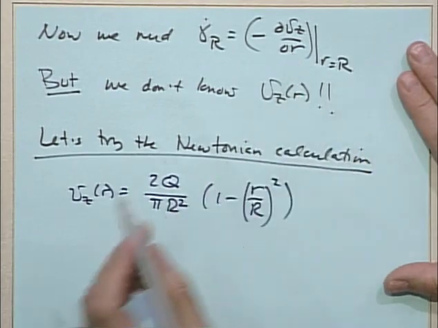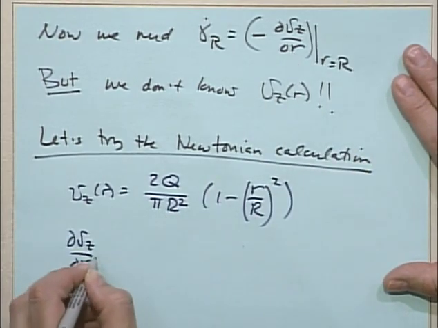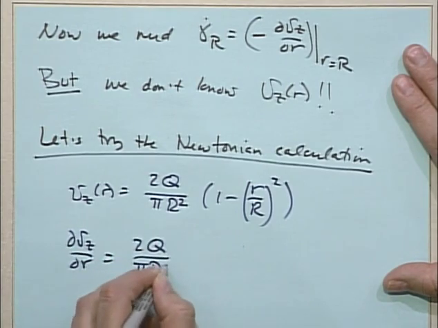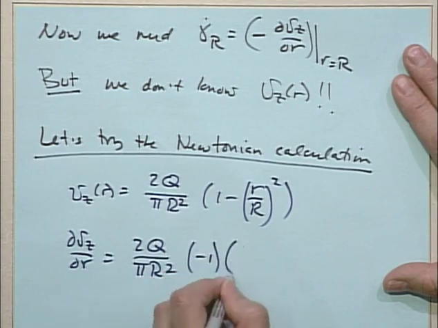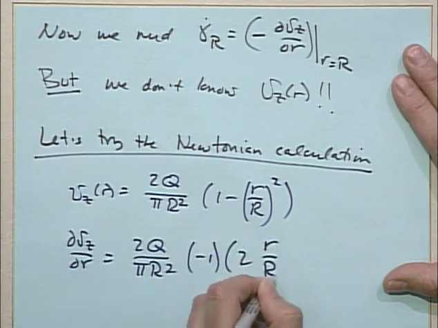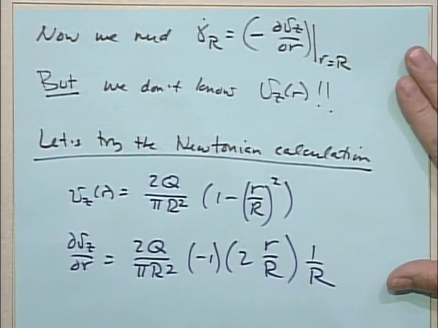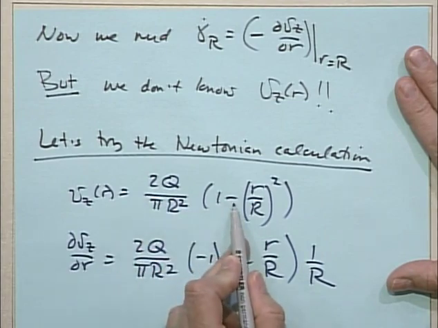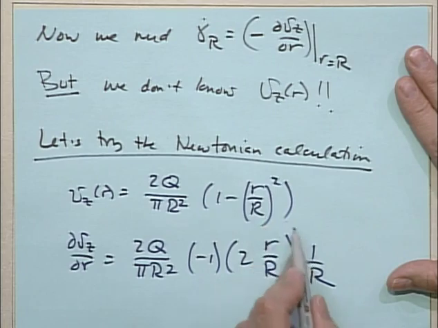So we can take this derivative, dVz/dr equals all the stuff out front times minus 1 times 2 r over R times 1 over R. All the stuff out front, this minus sign, and then 2 times the quantity itself times the derivative of that quantity with respect to r.